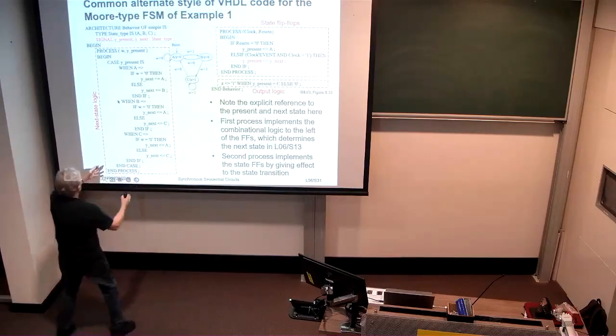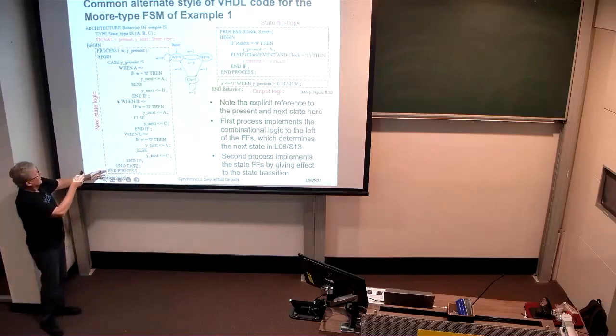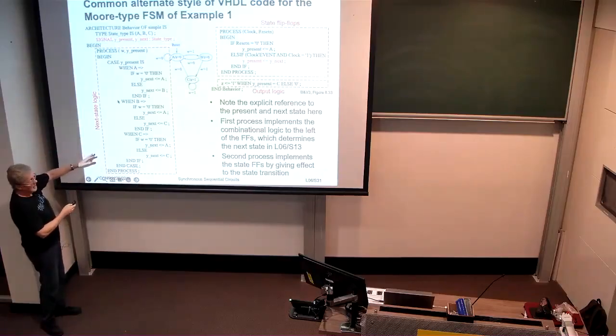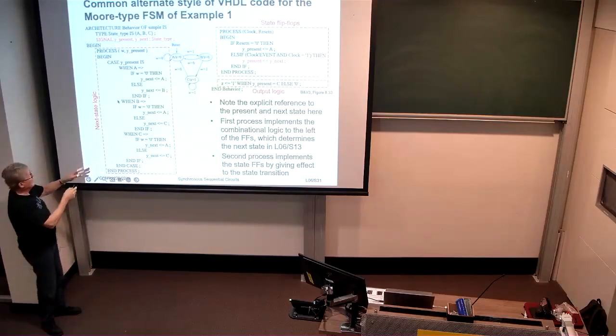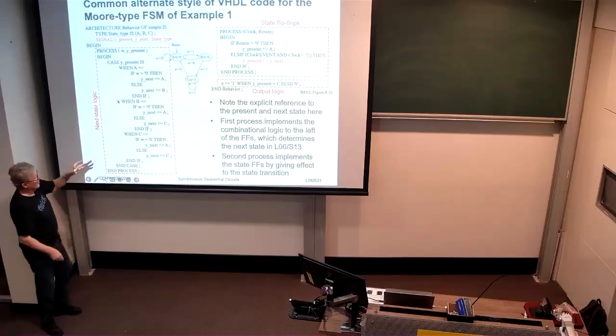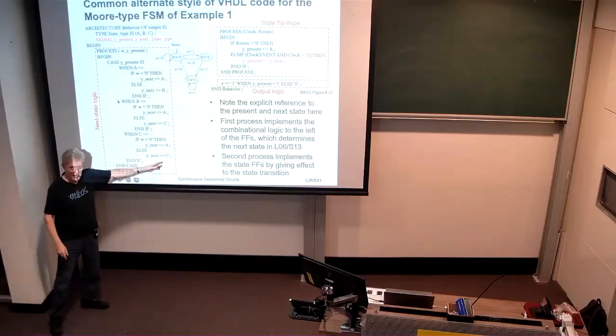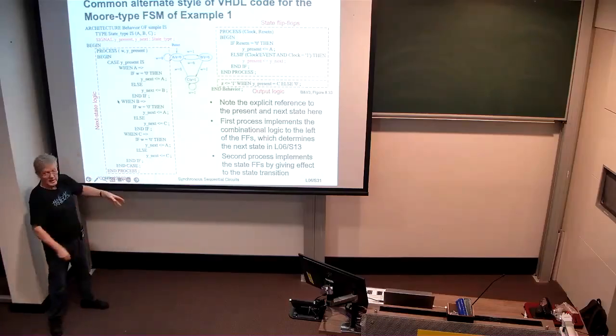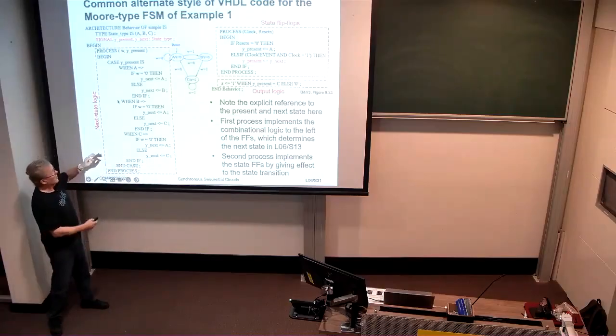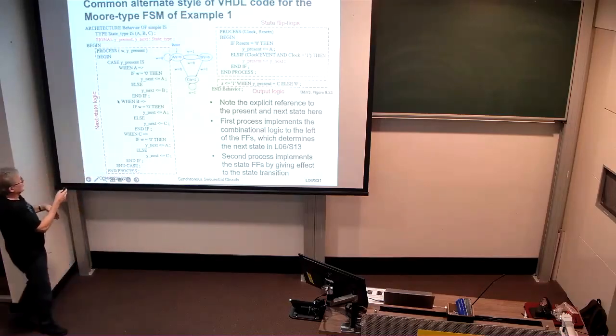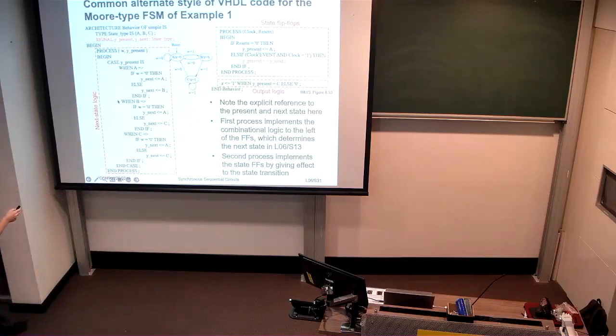we see now a combinational process. This doesn't have a clock in the sensitivity list, so this is combinational, which requires simply that every signal that's on the right-hand side of an assignment statement is in the sensitivity list, as well as any signal that is part of a conditional expression, like the Y present here, right?